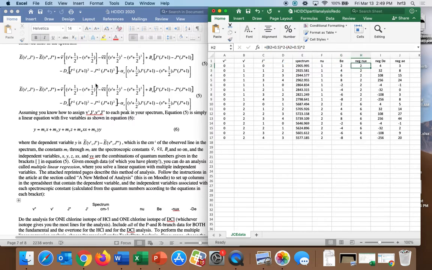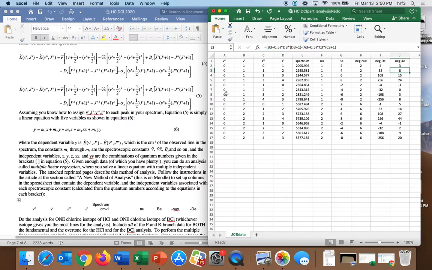For the NUX, it's a negative, so I called it neg nu x and put in the equation, etc. Neg DE depends on J double prime and J prime, and neg AE depends on all four. So we've got the coupling of the vibration and the rotations in this one.